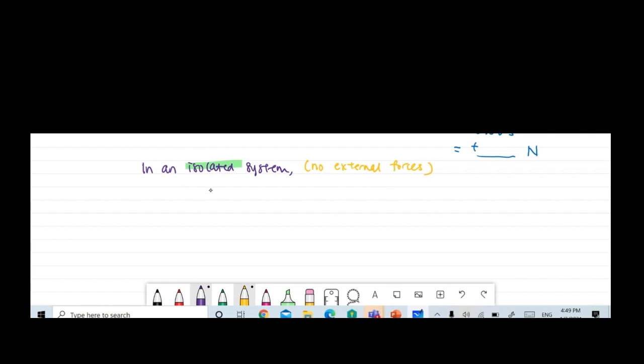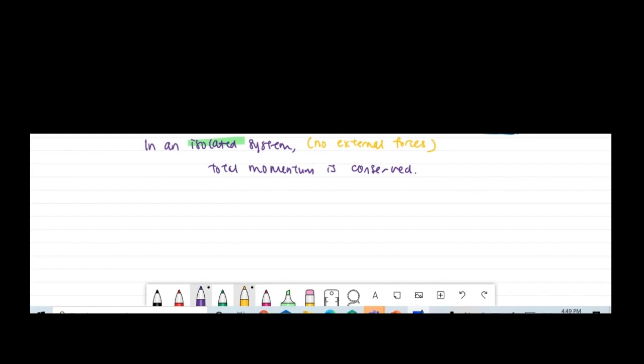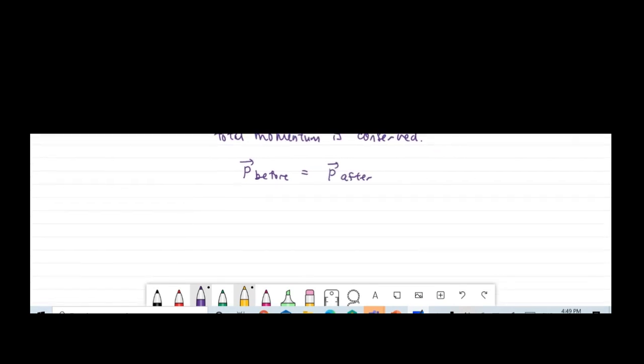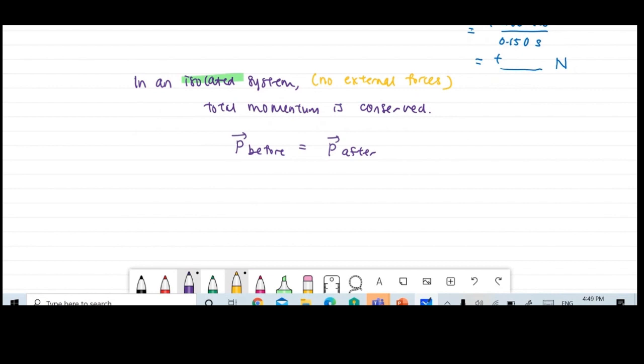So in an isolated system, total momentum is conserved. Okay, conserved means constant, always equal. Which means the momentum before the collision is equal to the momentum after the collision.